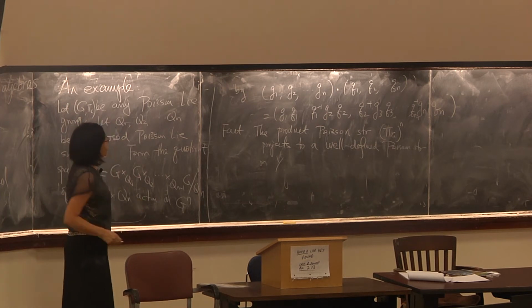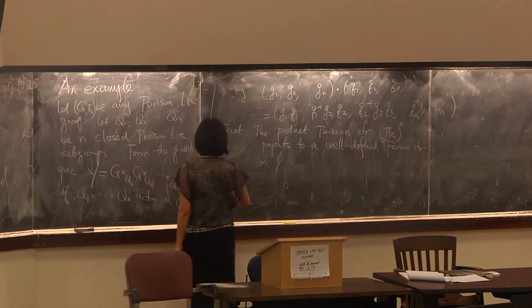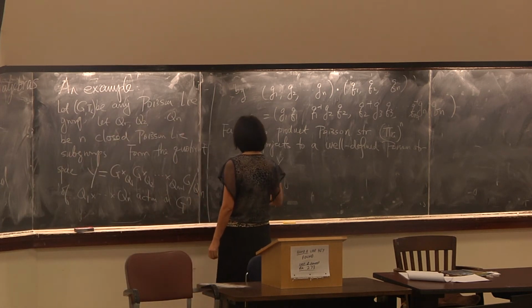And this is what we refer to as the quotient Poisson structure. And it's this one that we are particularly interested in in this example.